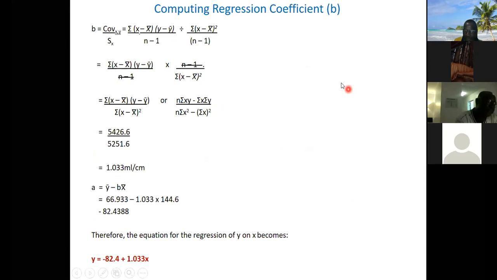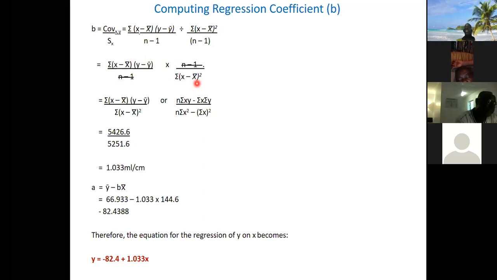Are we together? Now, yesterday I explained this. I just want to throw more light. The regression coefficient B, how do you calculate it, apart from plotting a graph? How do you do it mathematically? You remember how we calculated the correlation coefficient.